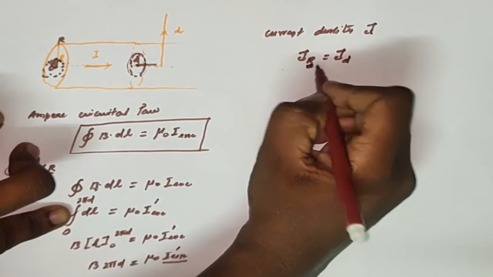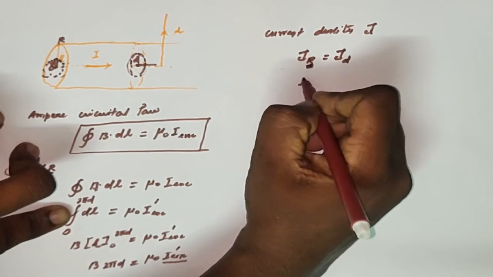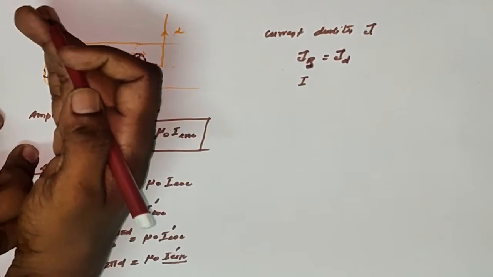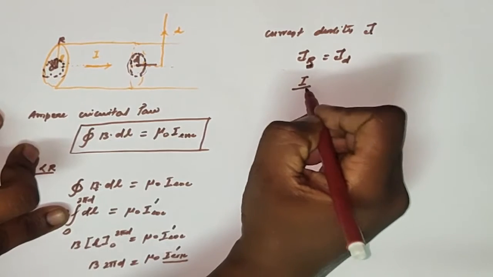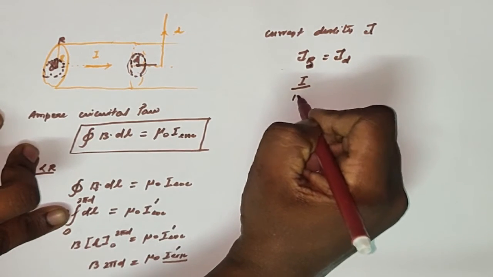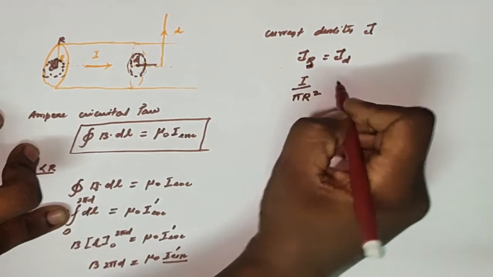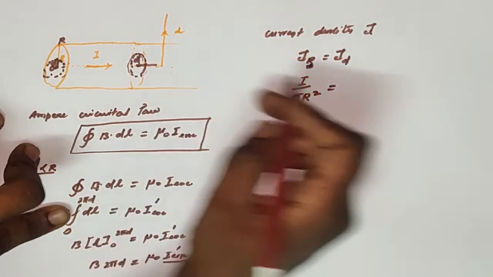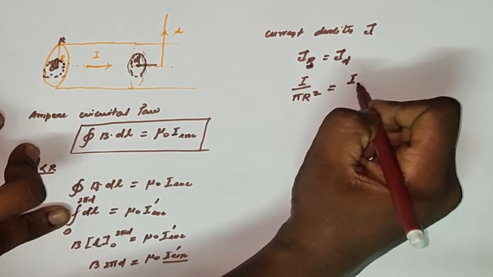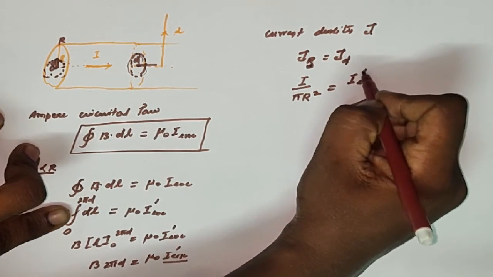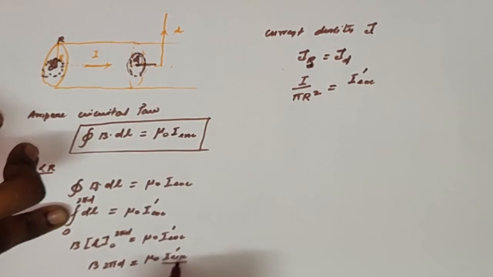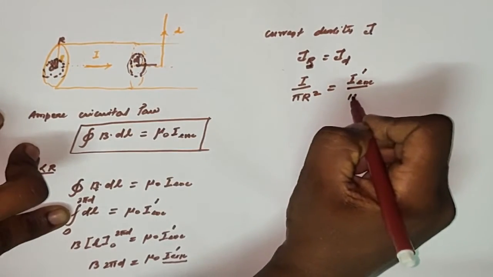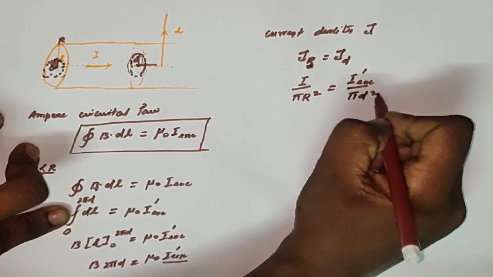For the bigger circle of radius R, which contains the whole cylinder, the current density is the total current I divided by the area pi R squared. For the smaller circle of radius d, the current density is I enclosed prime, the current enclosed within this circle, divided by its area pi d squared.